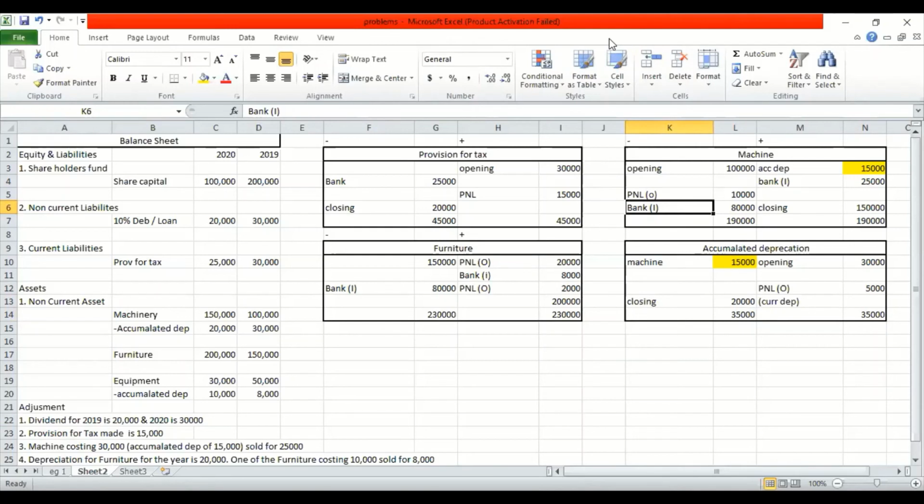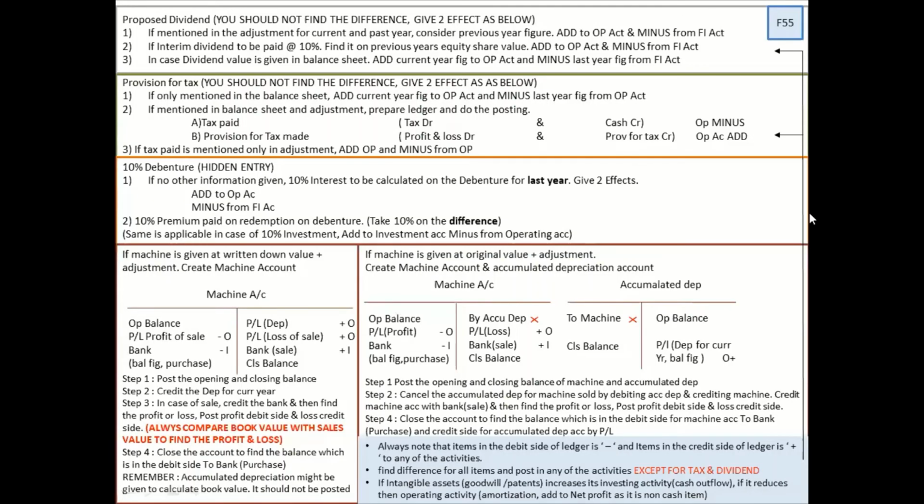If you have doubts, please WhatsApp me or mail me. You can take a screenshot of this slide. In this slide, the same things we have studied just now have been put across so that you can recap quickly.